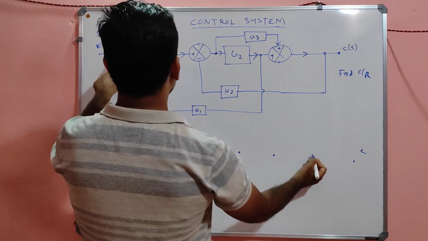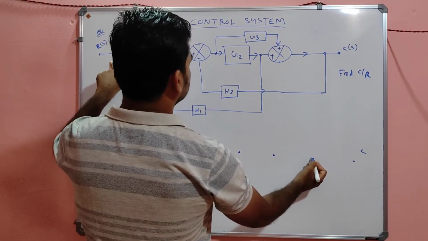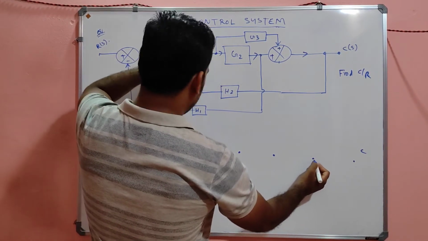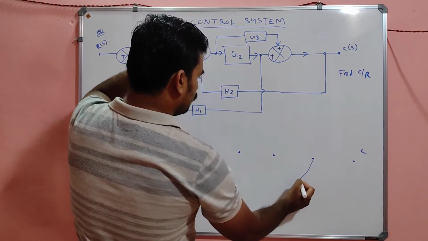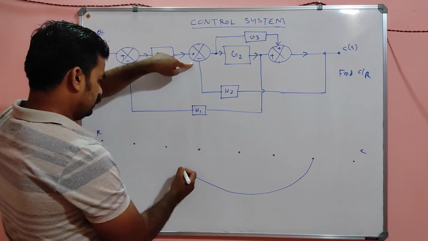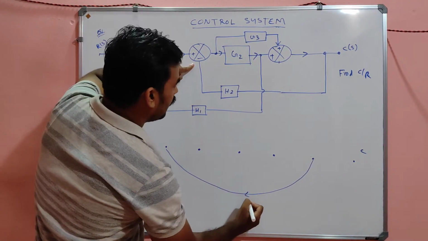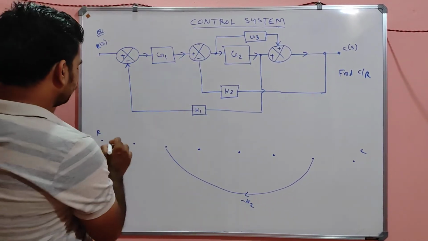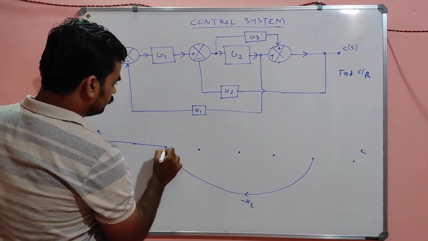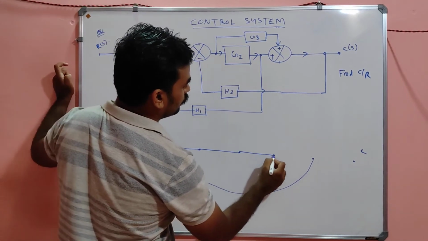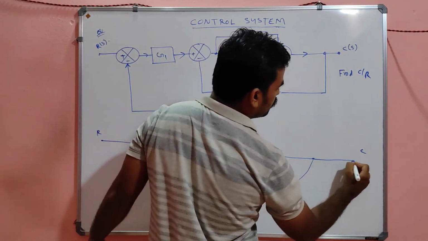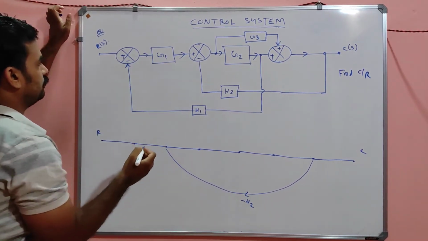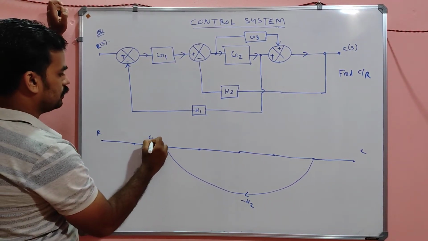Or from here you can easily convert, 1, 2, 3, from 2 to here 3, having the value of minus H2. Everything you can connect, no issues there. And this is nothing but, my dears, G1.